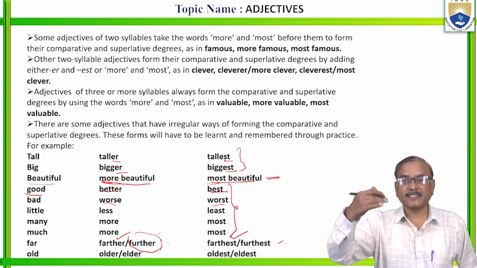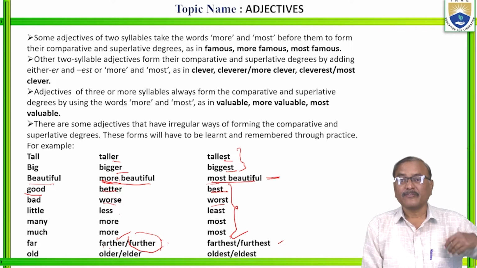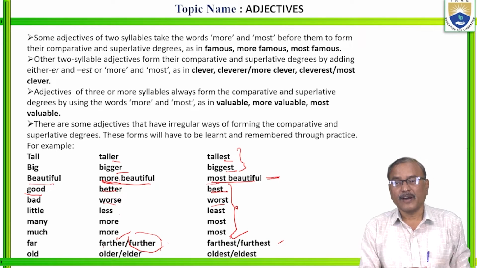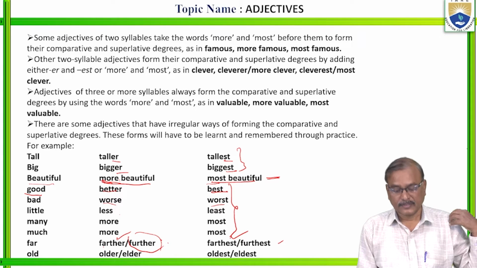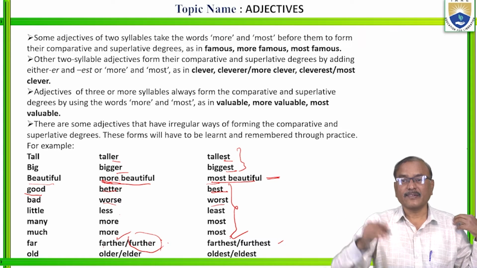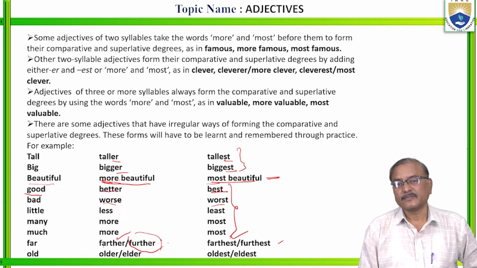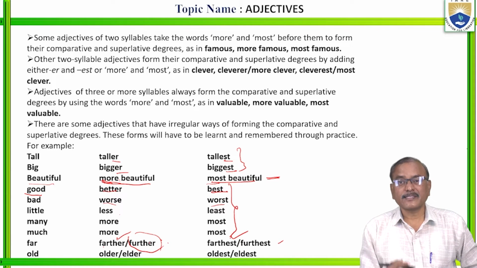Further means higher, next level. Farther means very far, more than far. Is it clear? Further means next higher level. We can say further studies. We can't say further distance.